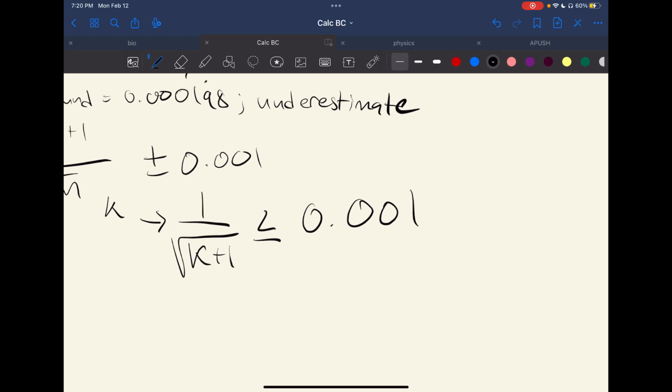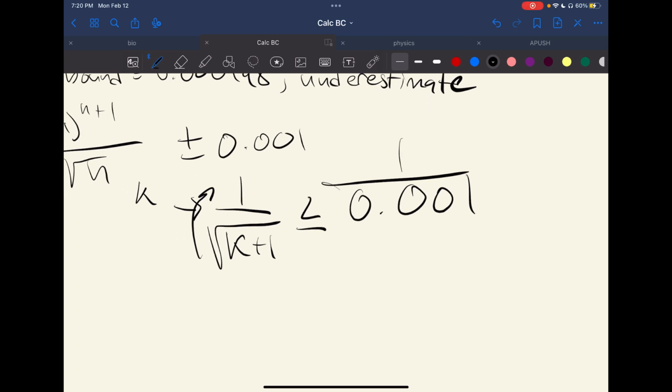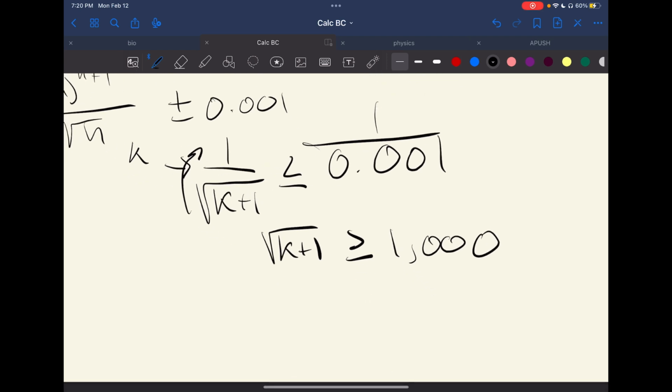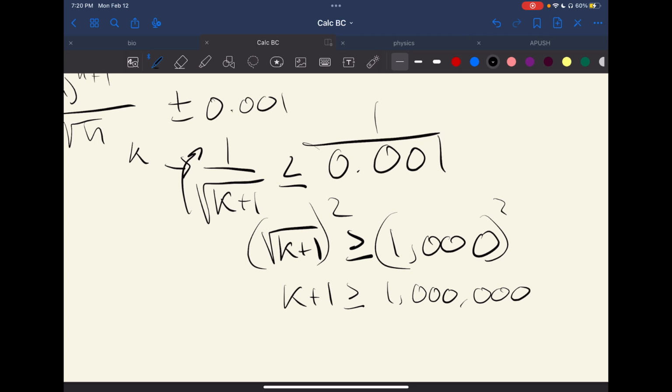So now all we have to do is simplify this to find the number of terms necessary, okay? First of all, I want to move this up, but if I move that to the numerator, I'm going to divide this by 1. So we're going to do root k plus 1. This is going to move into 1,000. If you do 1 divided by 0.001, it's going to become 1,000. And then we have to square this. So that's going to be k plus 1 is greater than or equal to a million.